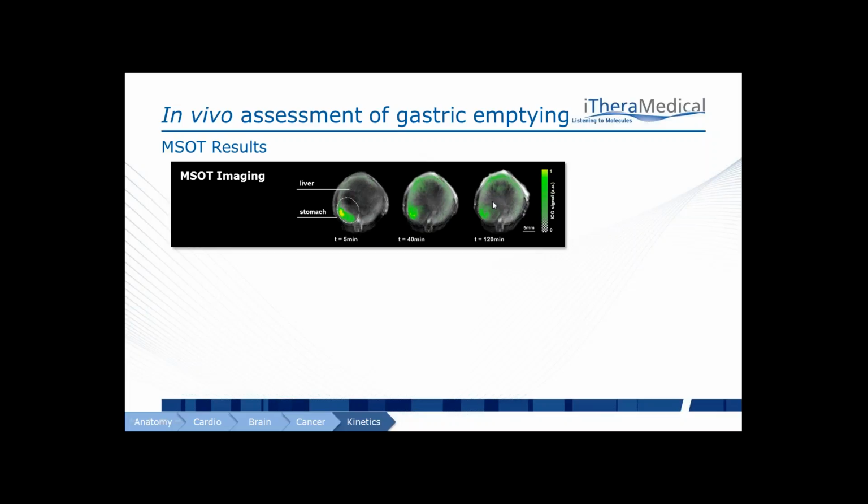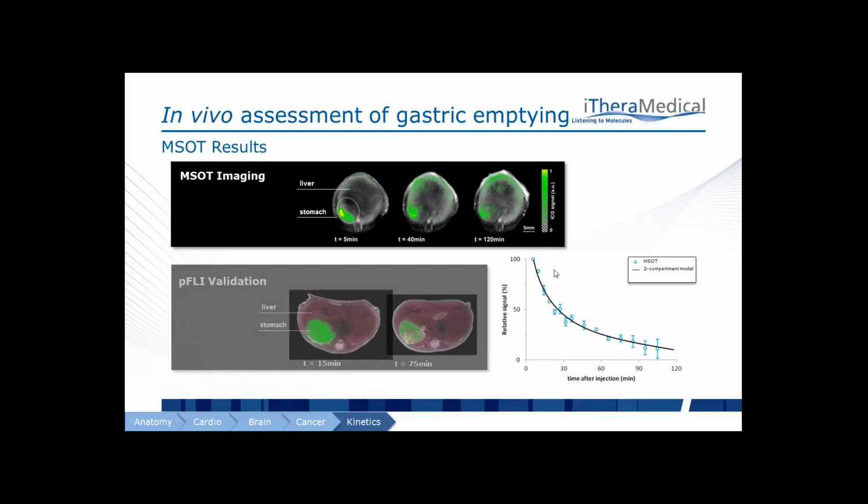So at the 2-hour time point, there's only a little bit of ICG left in the stomach, and most of it has moved towards the liver. We can quantify these changes over time, as shown here for the particular mouse that I show up here, but it's very reproducible. We can do this in multiple mice, get averages, and then we can use this to model the data and actually get gastric emptying rates in these mice.